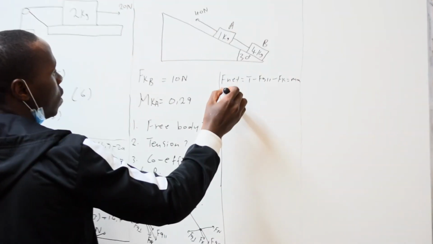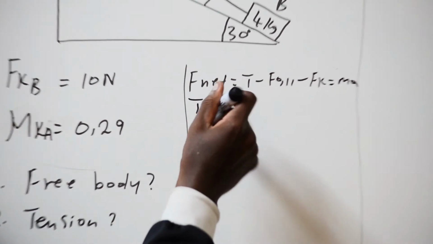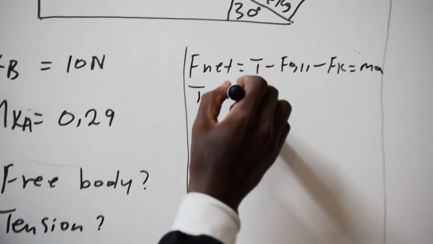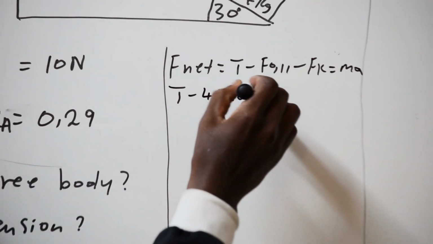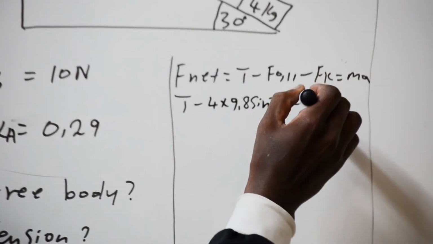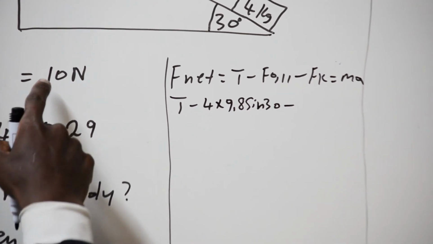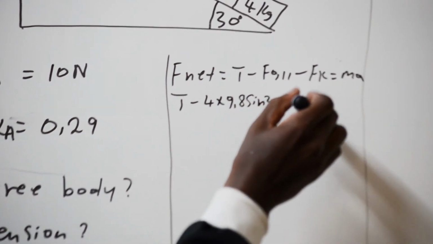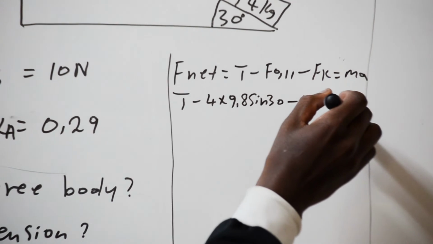So T minus Fg parallel, which is 4 times 9.8 sin 30, minus Fk, which we are given as 10, equal to 4A, my mass.